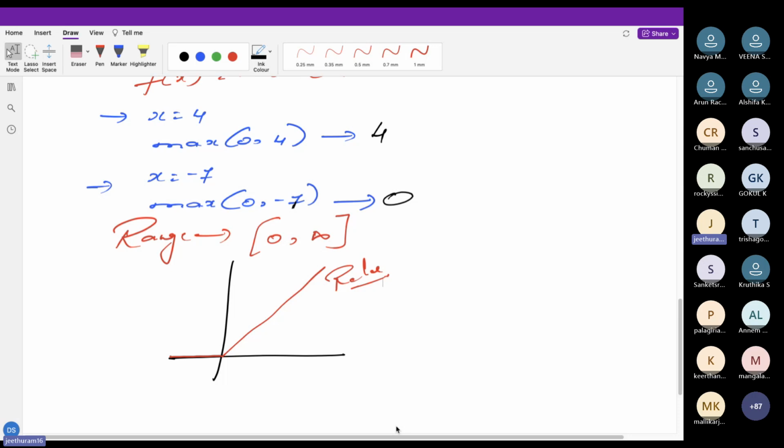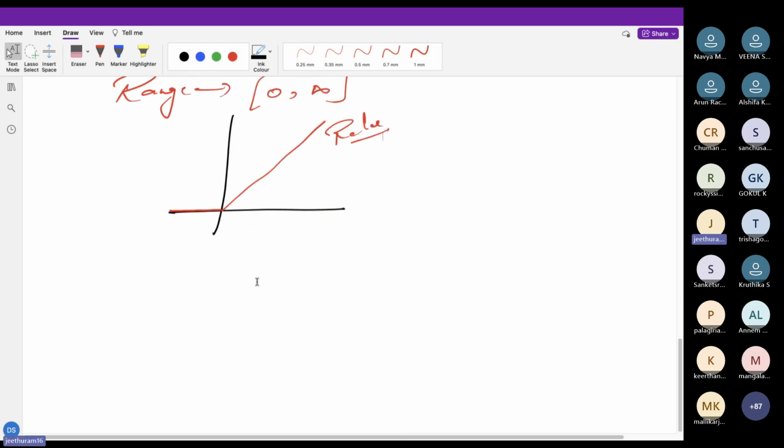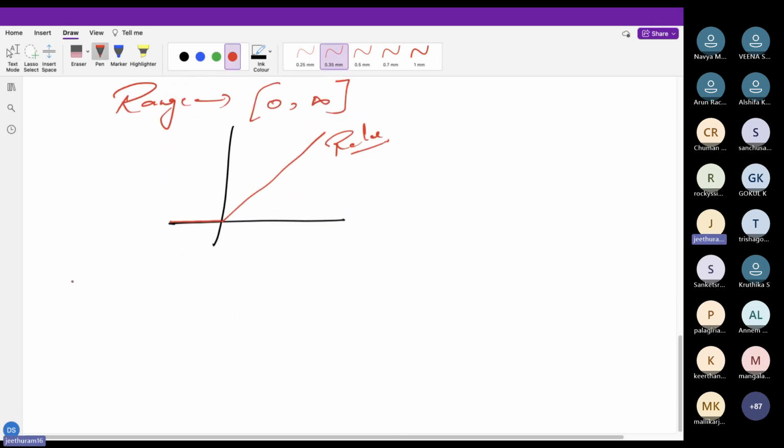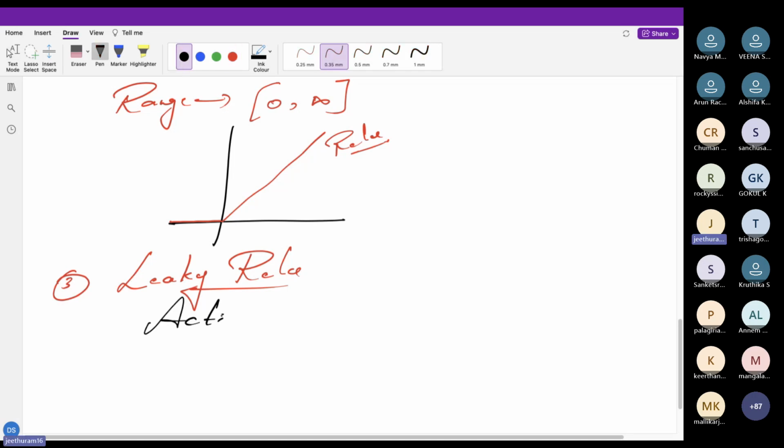It allows small values. I hope this is clear related to ReLU. The third one is leaky ReLU. This is also one of the activation functions.